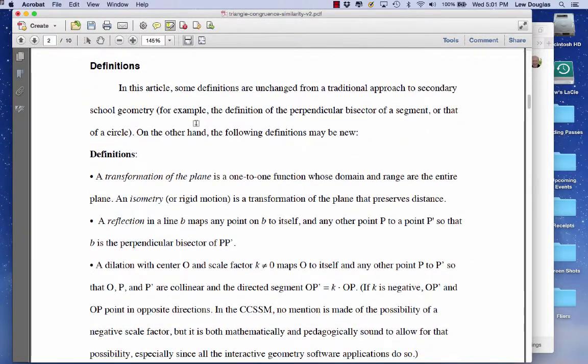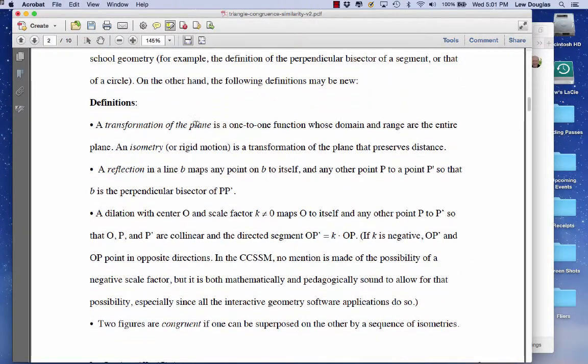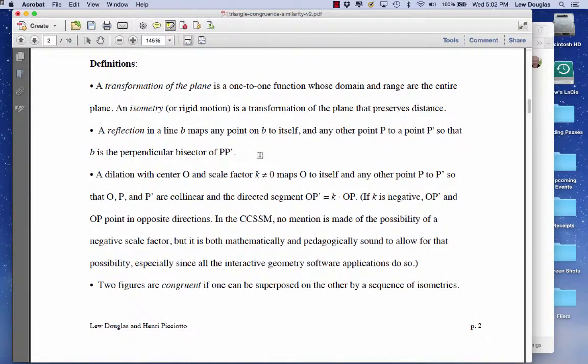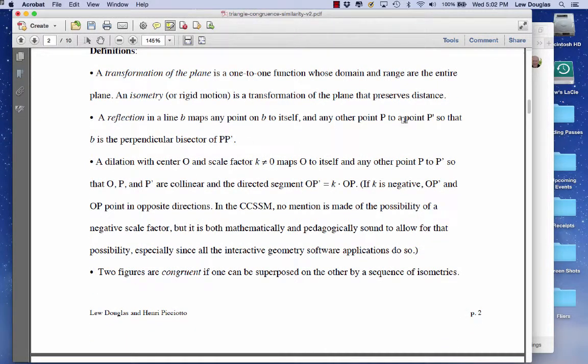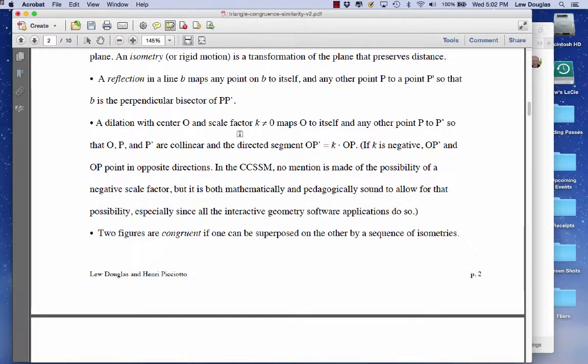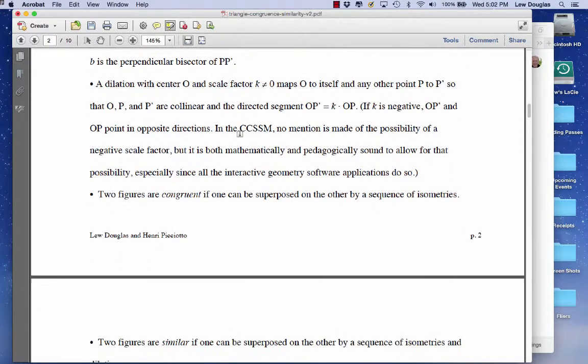On the other hand, some definitions are new, and we've talked about these. We've talked about the definition of a transformation. Remember, it's one-to-one, and domain and range are the entire plane. And we talked about an isometry being a transformation that preserves distance. We defined reflection, and we defined dilation, and those are in the definitions document that I put.